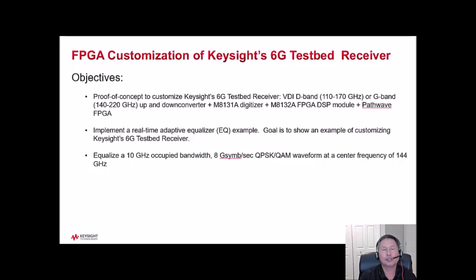The goal here is to show an example of customizing Keysight's 6G testbed receiver. By creating this equalizer example, we also want to demonstrate the ability to use Keysight hardware to equalize a 10 GHz occupied bandwidth signal at a center frequency of 144 GHz.